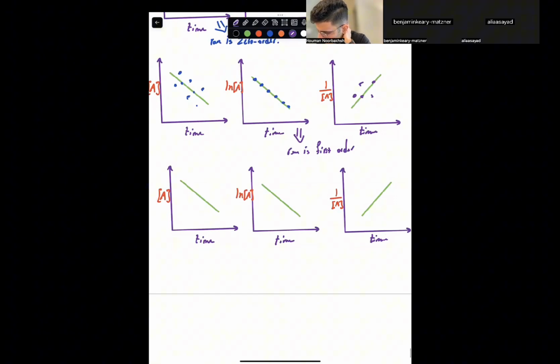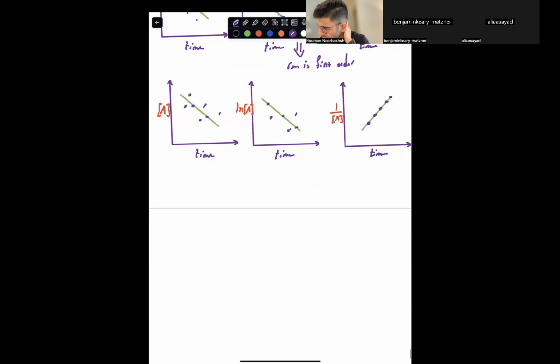And if the one that you get data points on is this one, that means it's a second order.